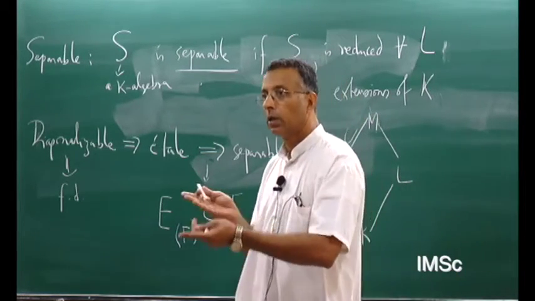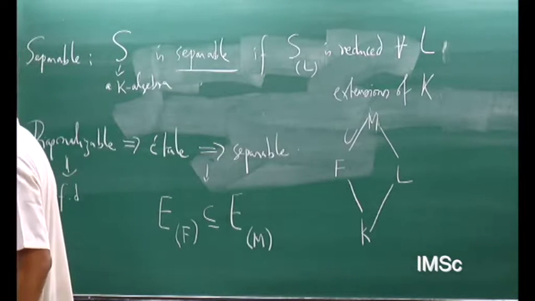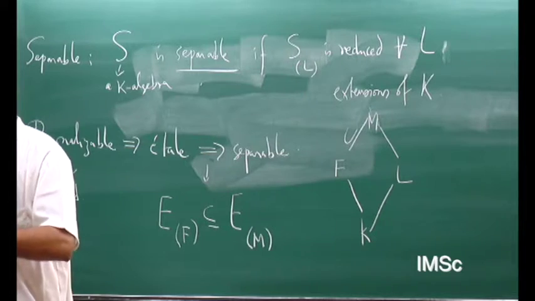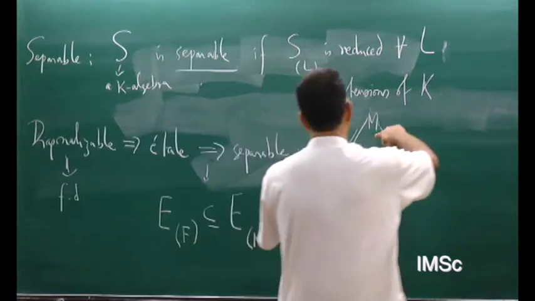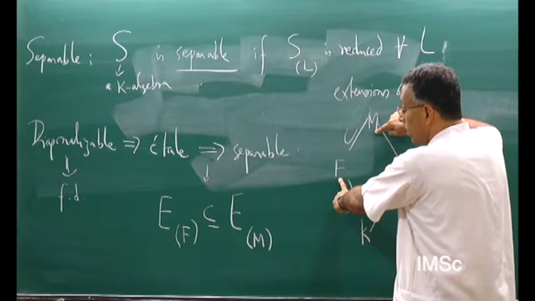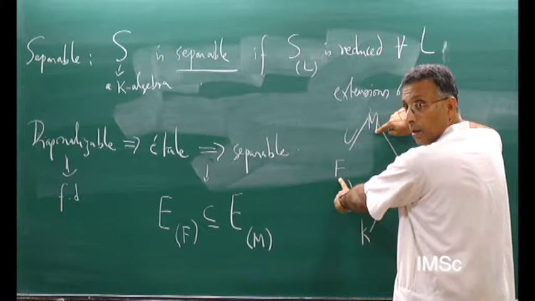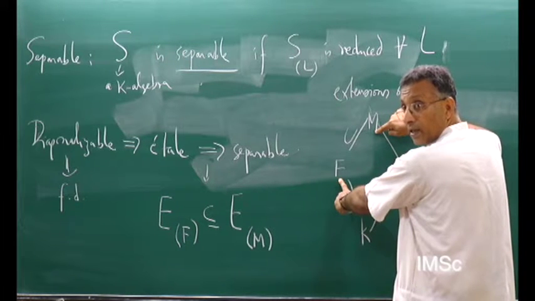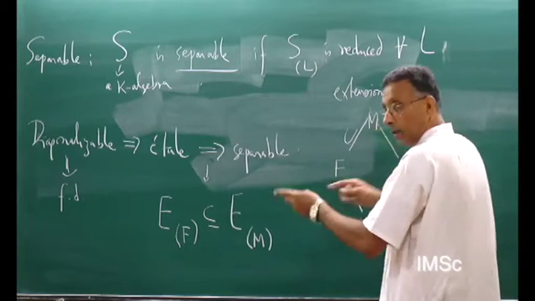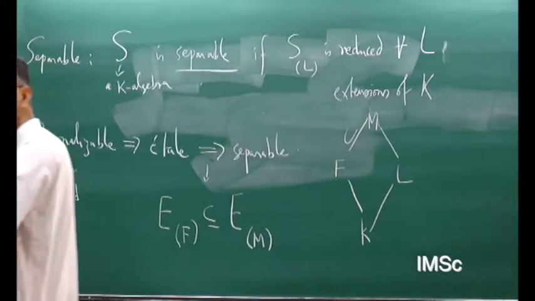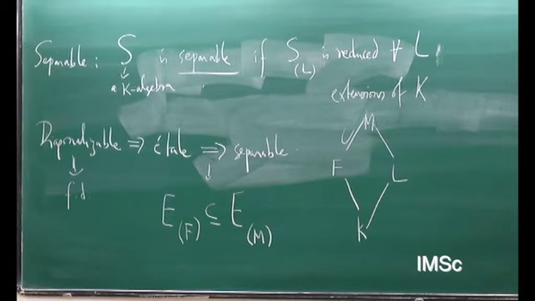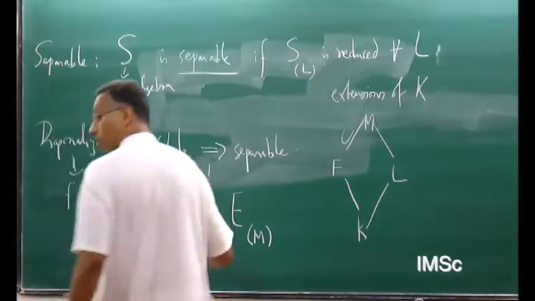If you wish, what are we using? Every vector space is flat. So what are we doing? We are tensoring this injection with E over K. So what's important here is that K is a field. Therefore, when I tensor an injection with a flat module, it stays injective. And every vector space is flat. That's why this is true.